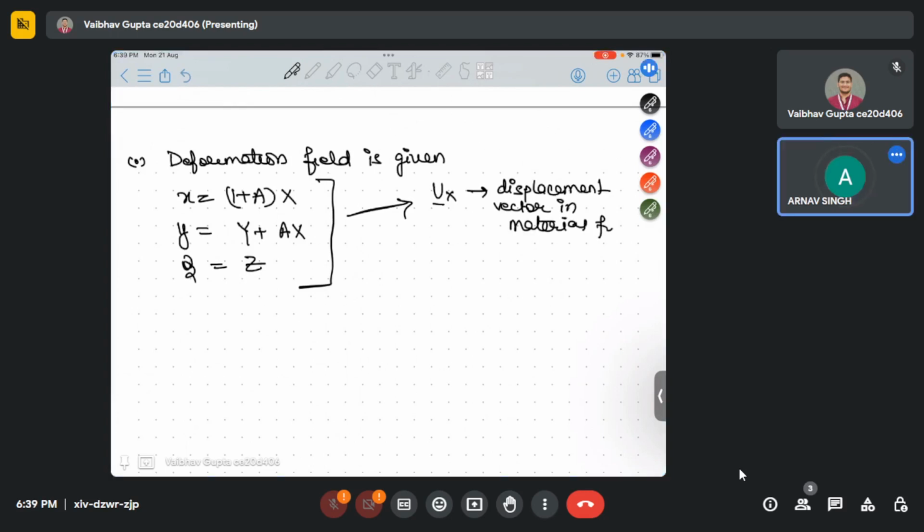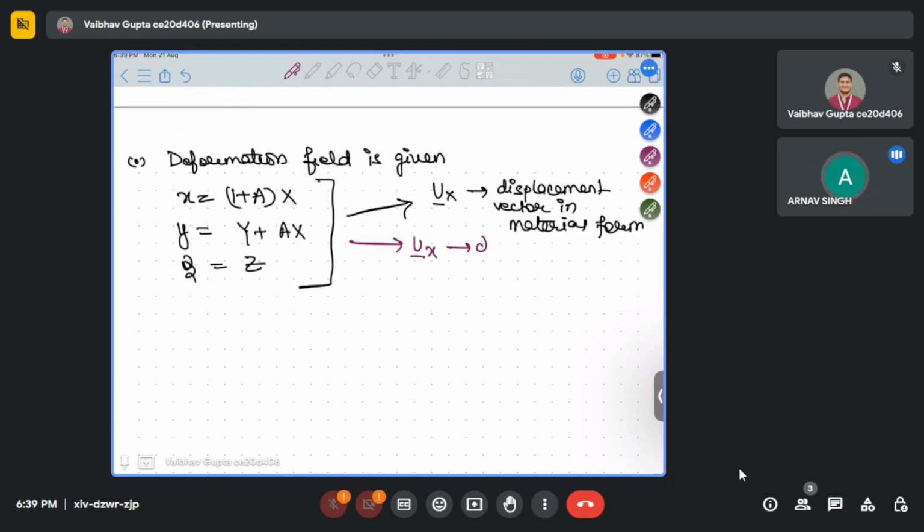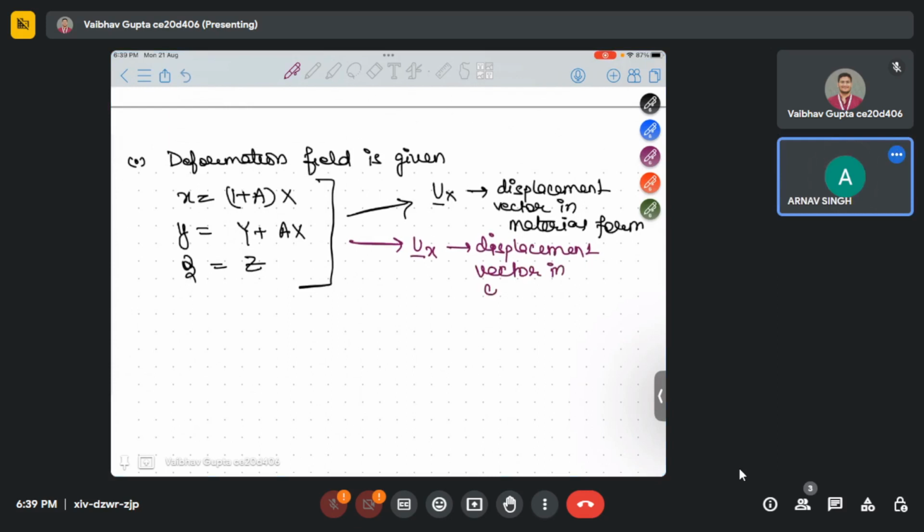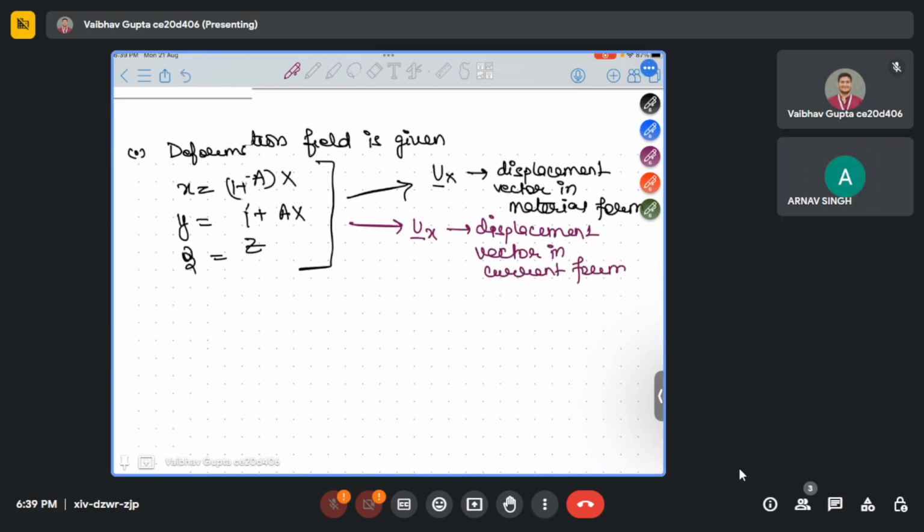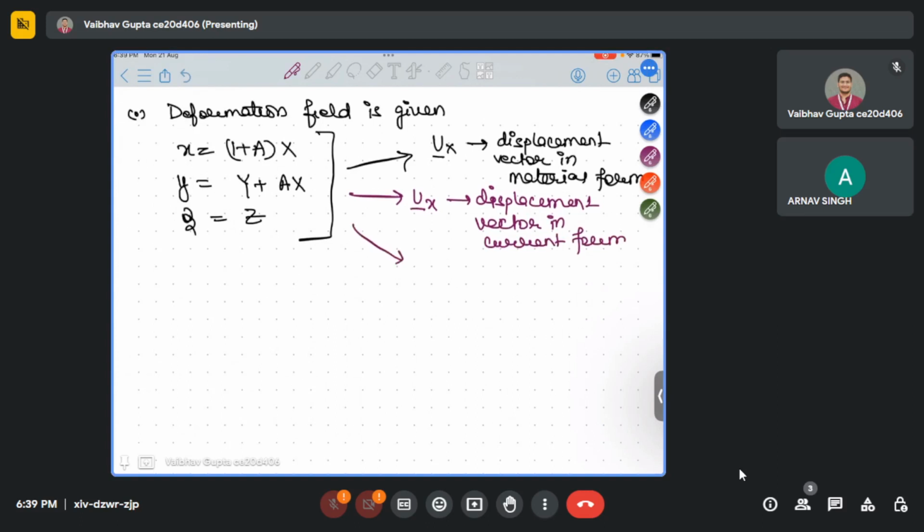Then we found out U of small x, the displacement vector in current form. Next we found out F, which is dou small x by dou capital X.